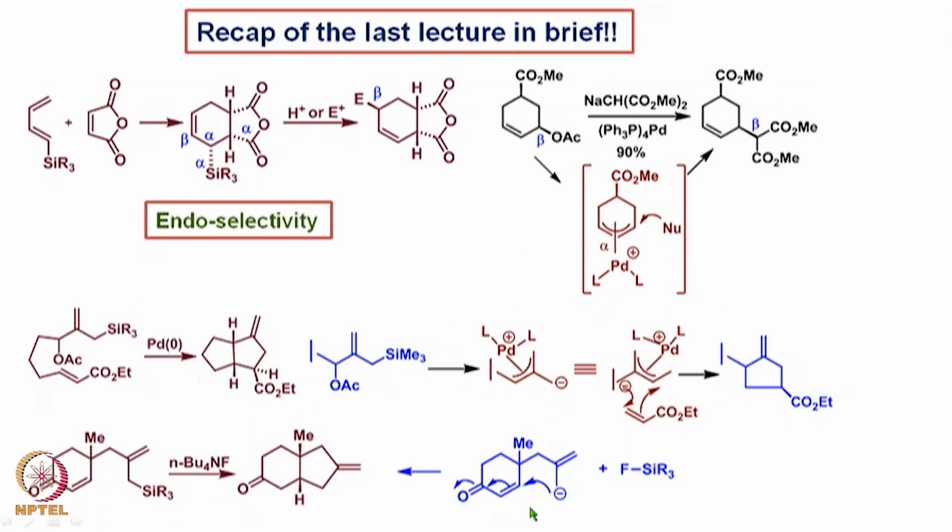Here the driving force is of course the formation of a strong silicon fluorine bond. So these are the things we discussed, which basically govern the allyl silane based chemistry.